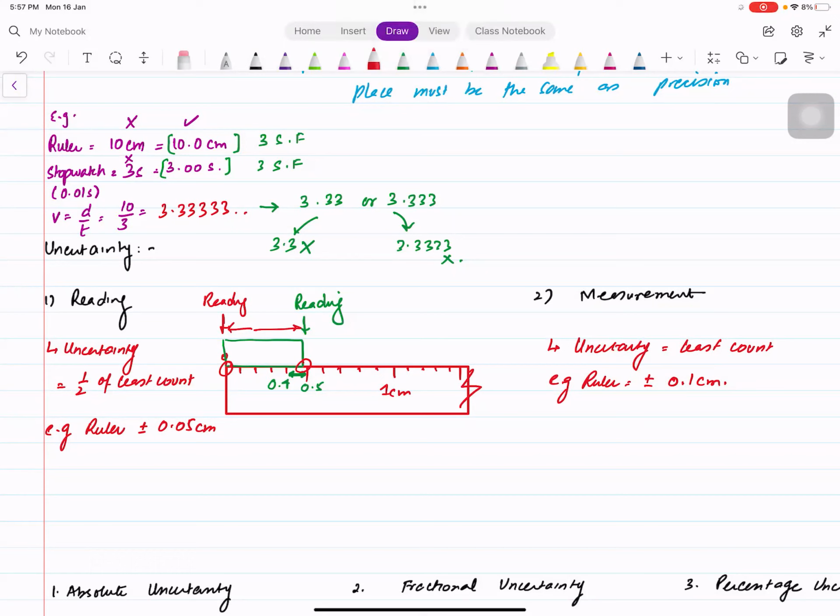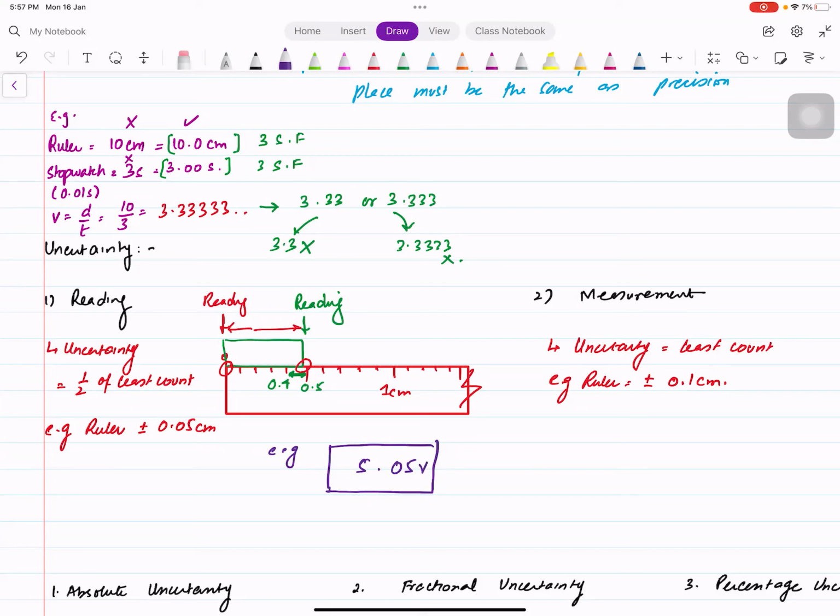Now, in your exam, for example, in the lab, you see the stopwatch. Usually, a stopwatch will be there. Let's talk about the voltmeter this time. Suppose on your voltmeter, you're doing an electricity experiment, and you see that your reading is 5.05.